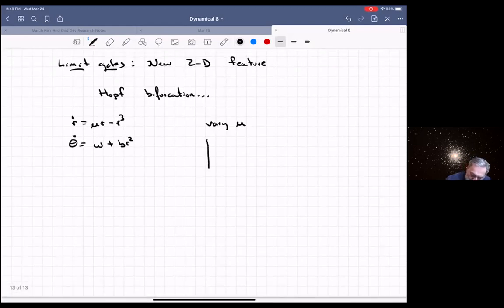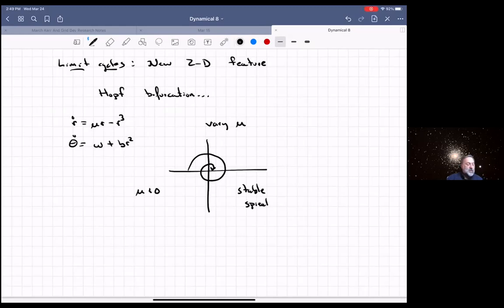What you'll see is that for mu negative, what you have is a stable spiral.